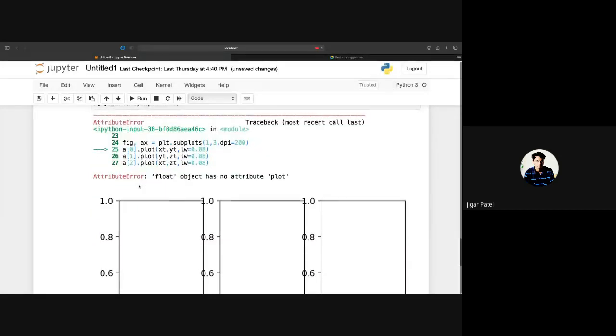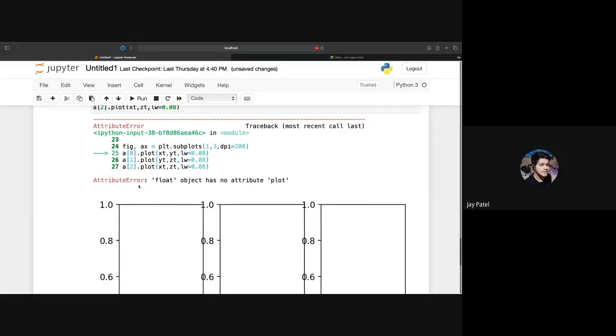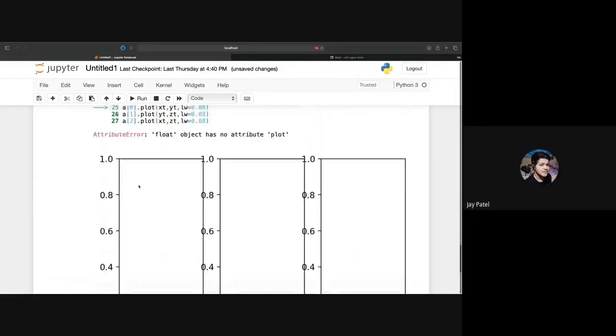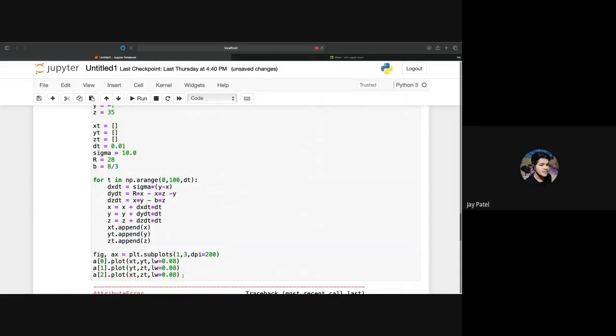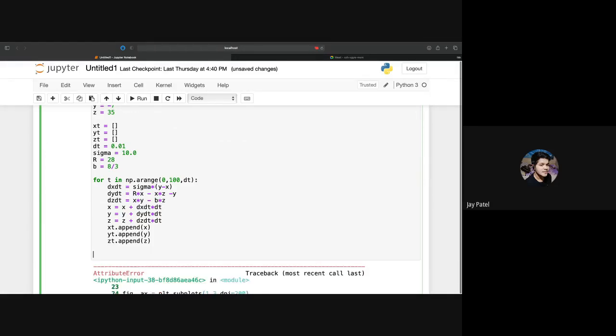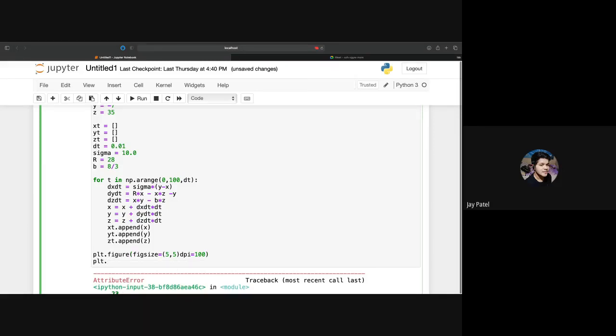Float object has no attribute plot. You can write some plot thing. Okay, fine. Let's not waste time on this. I have shown you on XY plane.